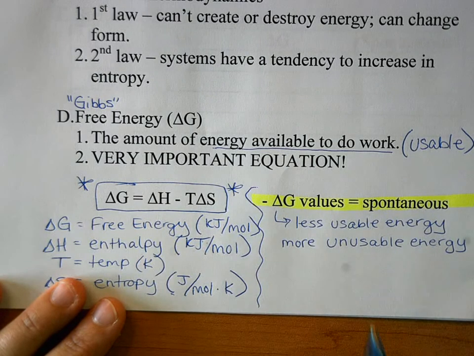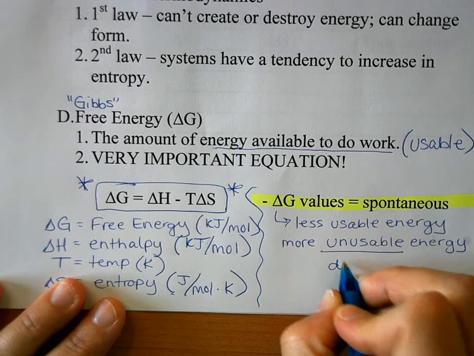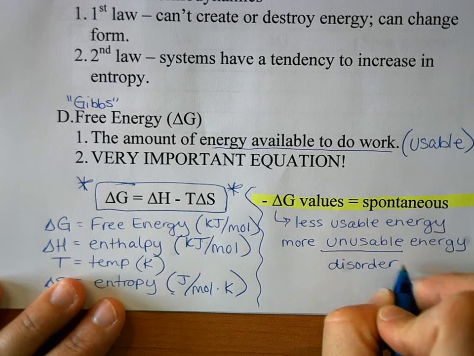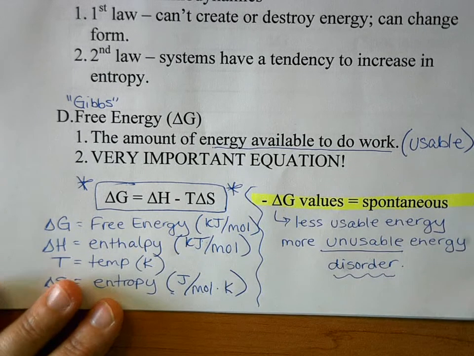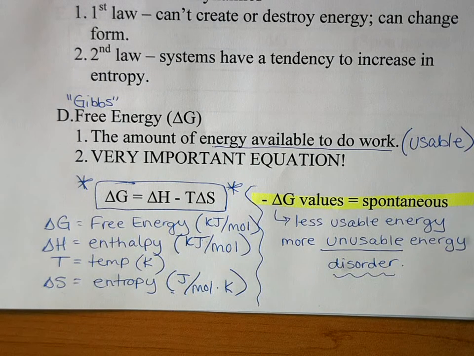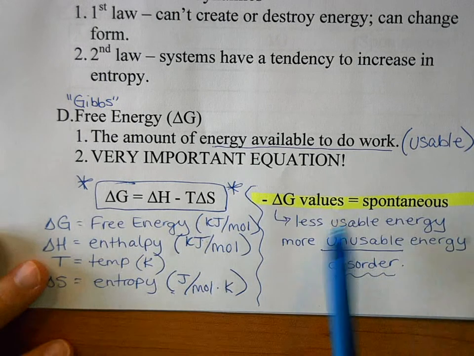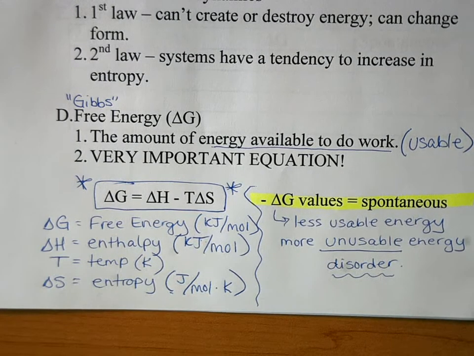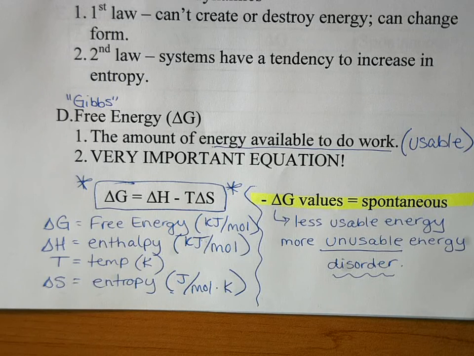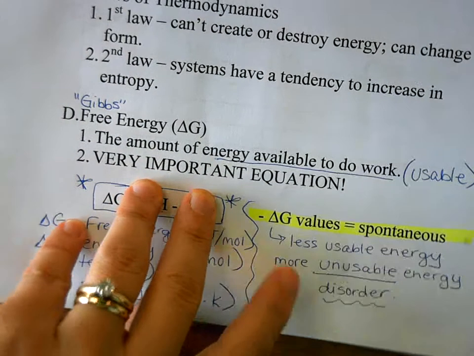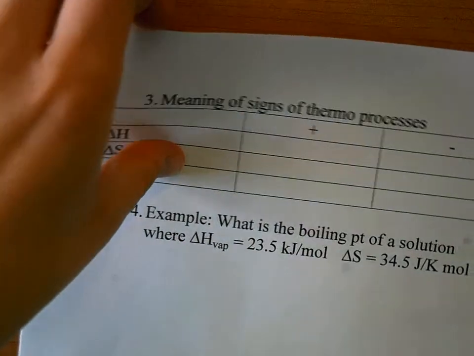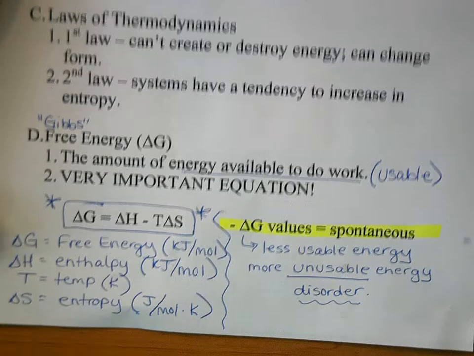And more unusable energy means that you have more disorder. And disorder is the way things want to go. It is the natural, spontaneous way for processes to proceed. And so since you have less usable energy, it means that your disorder is increasing, which makes it a spontaneous reaction. So negative G values mean spontaneous. It will happen on its own without any outside intervention. Are we good there? I know I rattled off a bunch of stuff.